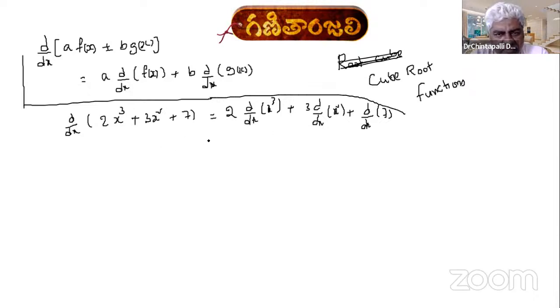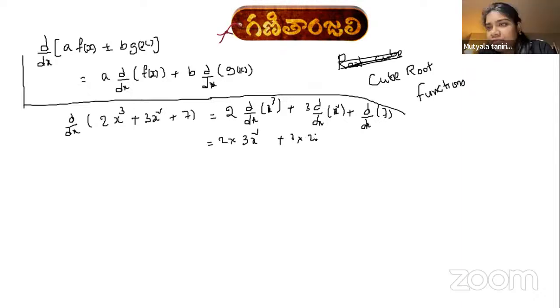The answer is 2 times 3x square plus 3 times 2x, plus the derivative of 7, which is 0.